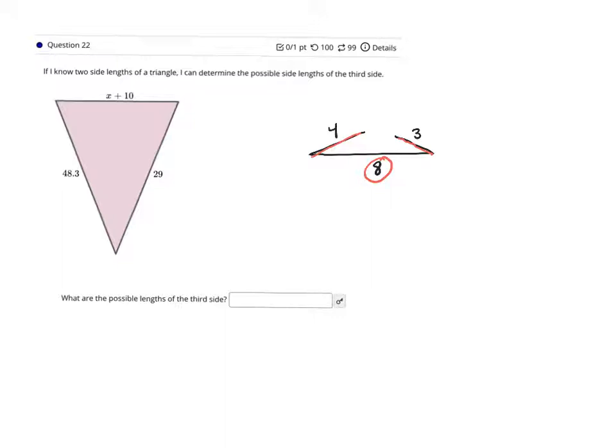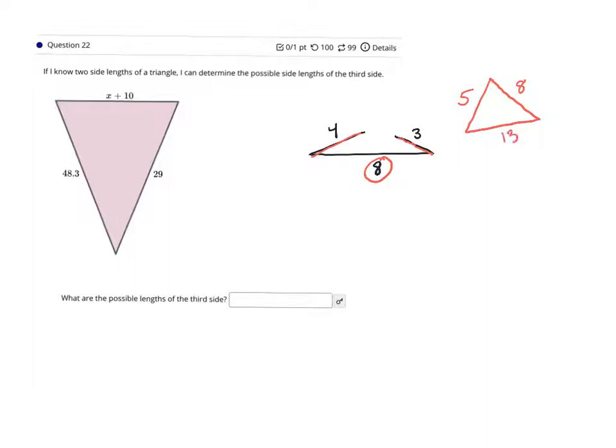So if you're given any triangle, you can figure out the possible lengths of the third side if you're given two of them. So for example, if I was given that this side was 5 and that this side was 8, I know that the longest this bottom side could be would have to be just less than 13.